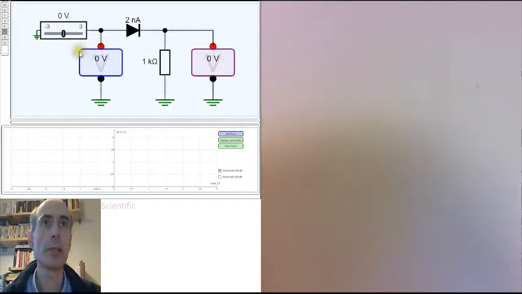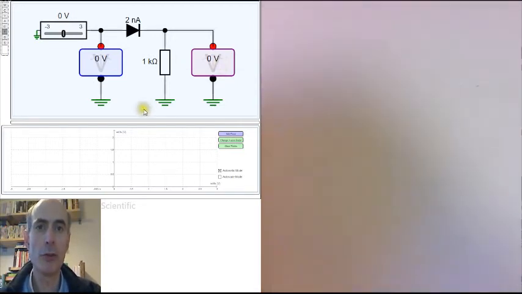Here I've built up the circuit, and you can see that with an input voltage of 0, the output voltage is 0, and that is what we would expect. For input voltages which are less than 0, an ideal half-wave rectifier would output 0.